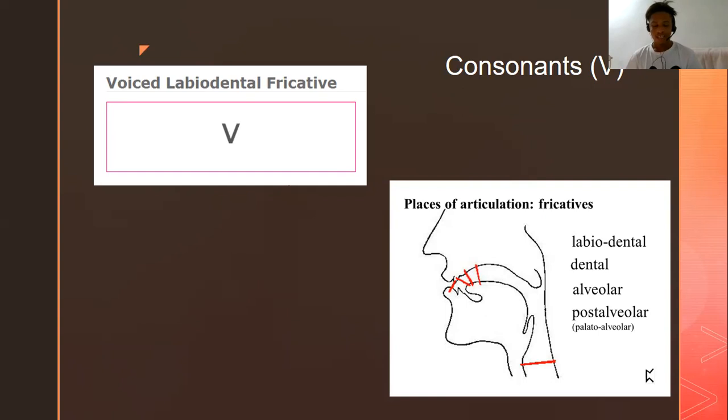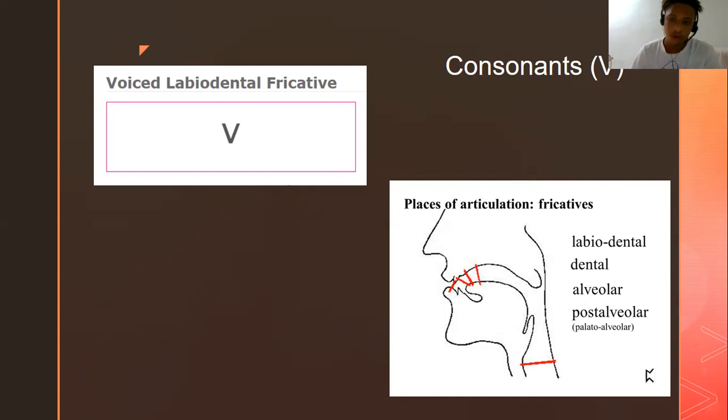It's not B, we can get confused with this pronunciation, but it's V. Here in this picture, we can see the place of articulation for fricative consonants. You can see the position of your mouth and your tongue in the vocal tract. This consonant is really particular, and I will explain how to use it.